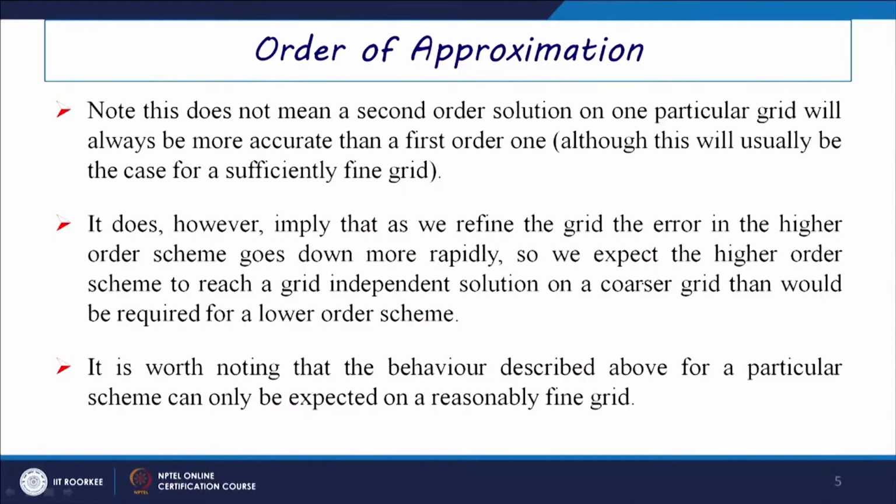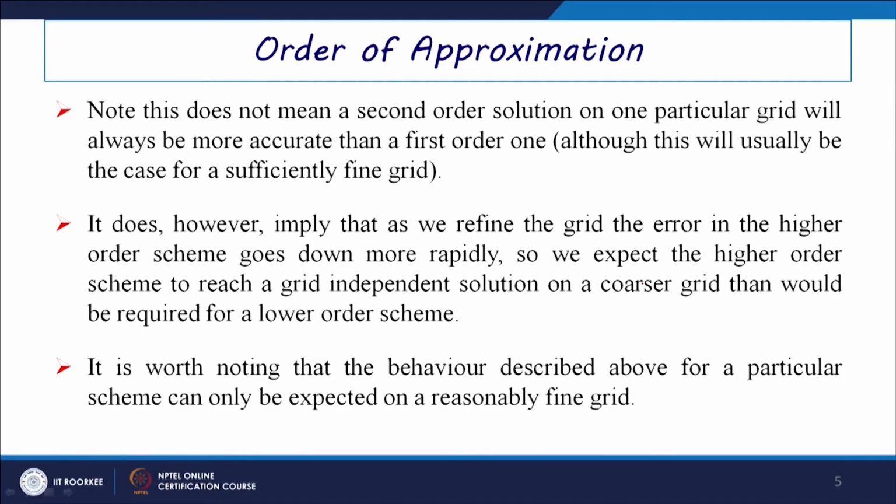Sometimes we consider first order accuracy, or sometimes second order accuracy for a particular grid, since at that point we are considering either 2 points, or extending to forward marching or backward marching. However, it does imply that as we refine the grid, the error in the higher order scheme goes down more rapidly.